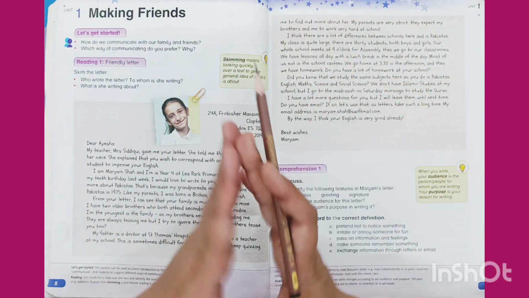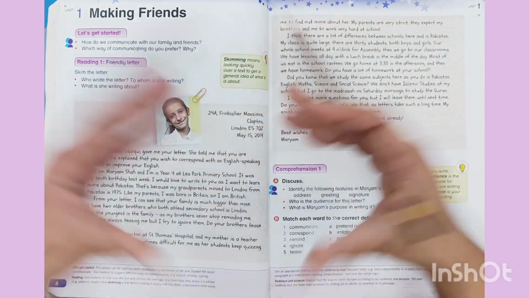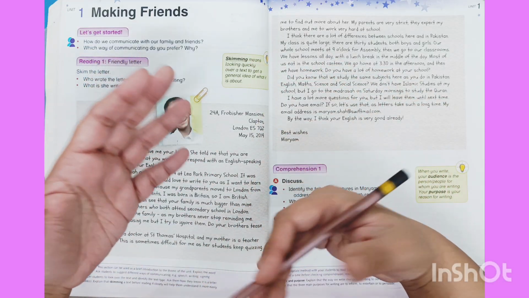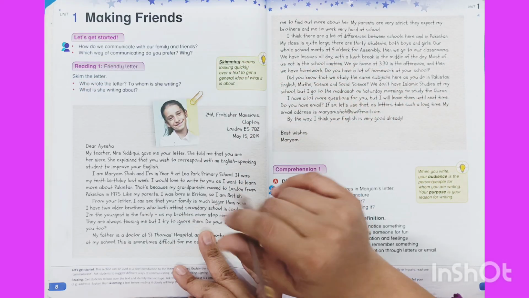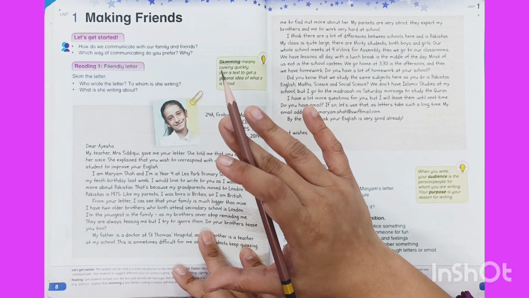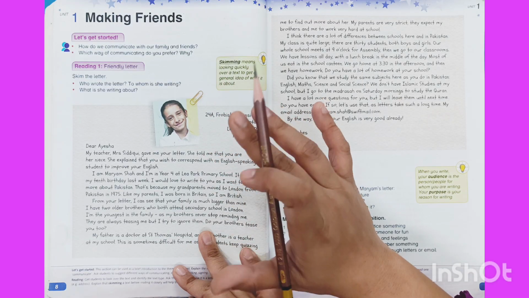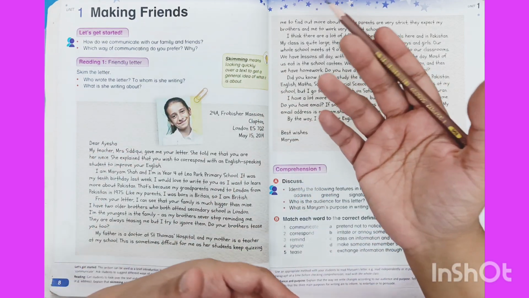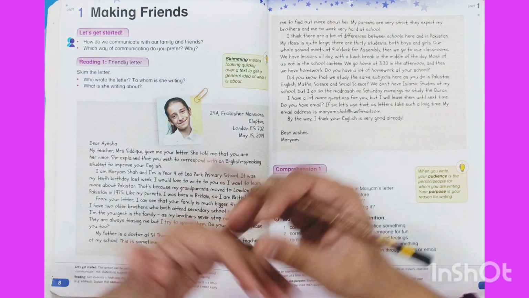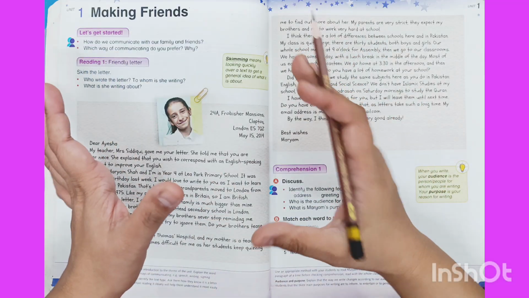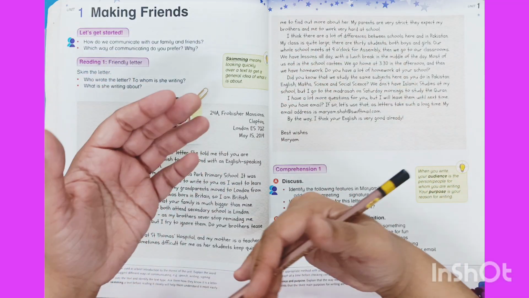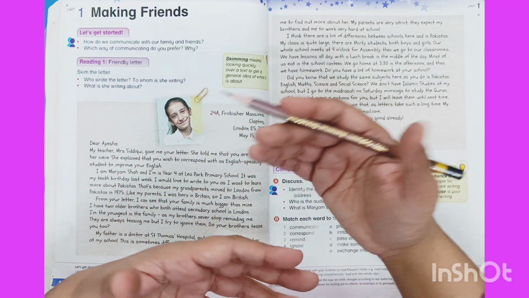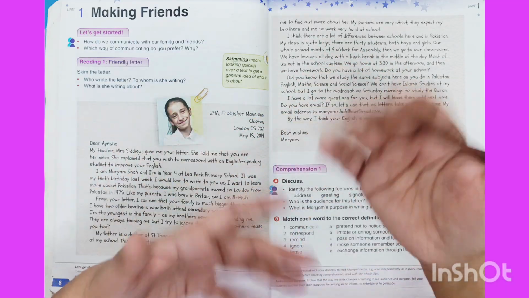So Aisha is seeking a student who can improve her speaking skills. I think this is the student who was consulted by Mrs. Siddiqui. So she is writing directly to Aisha to let her know that I am the student who can communicate with you and converse with you to make your English speaking skills more advanced.